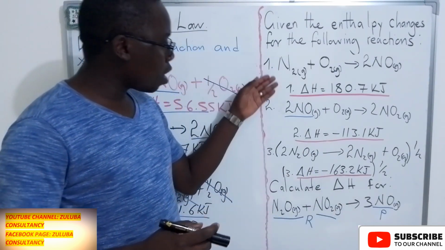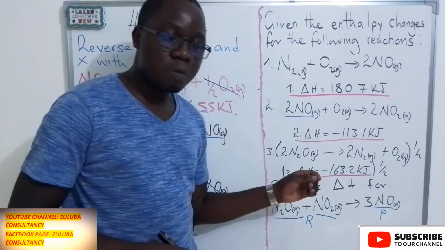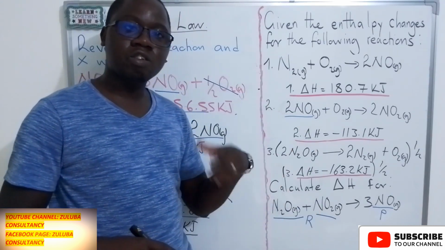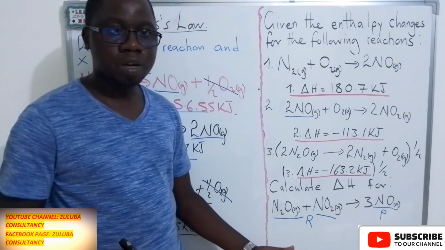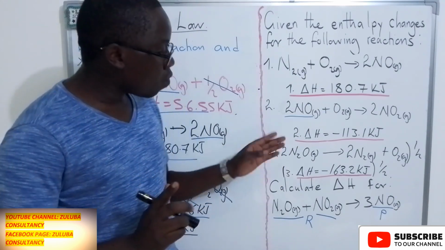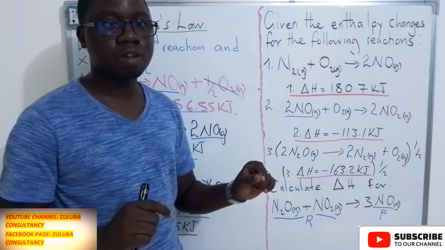If any of the reaction is multiplied by 2, even the enthalpy change should be multiplied by 2. If any of the reaction is divided by 2, even the enthalpy change should be divided by 2. If any of the reaction is reversed, even the sign of the enthalpy change should be reversed.